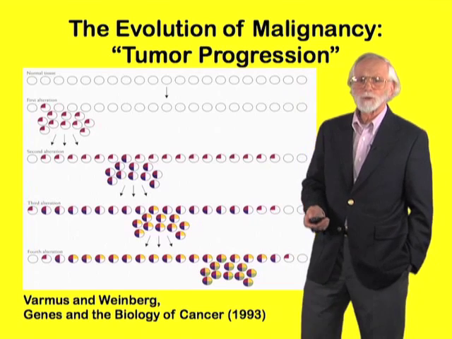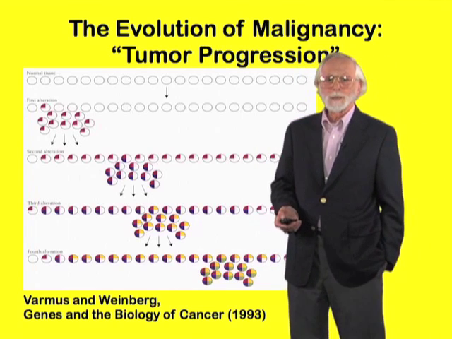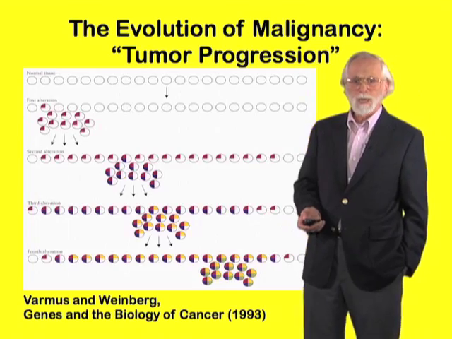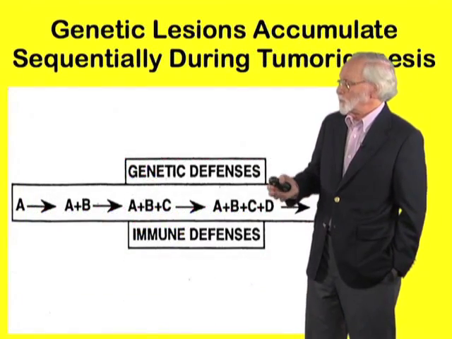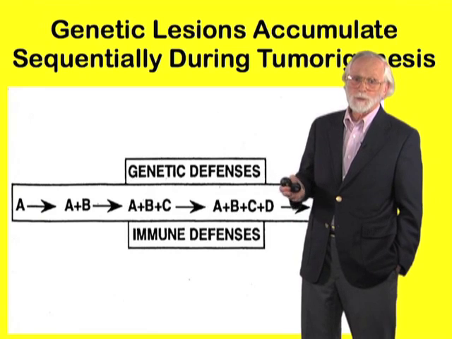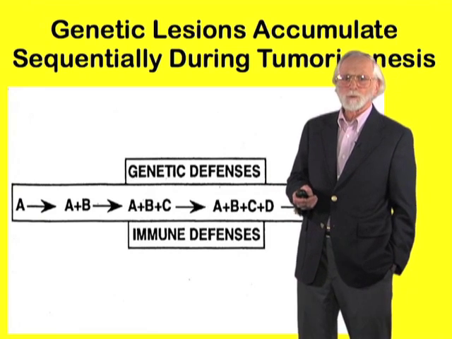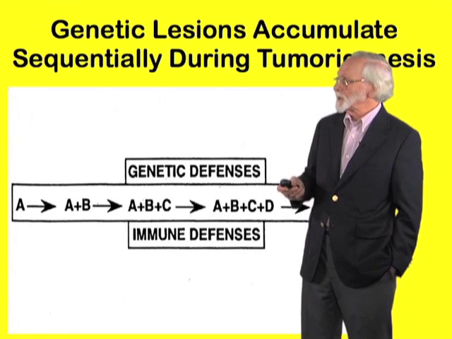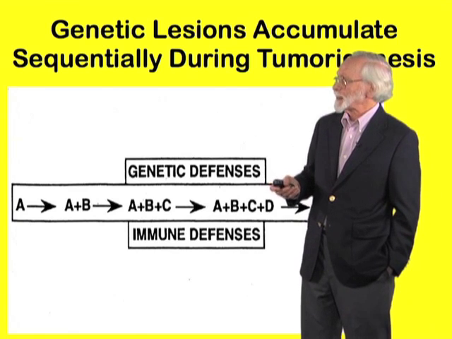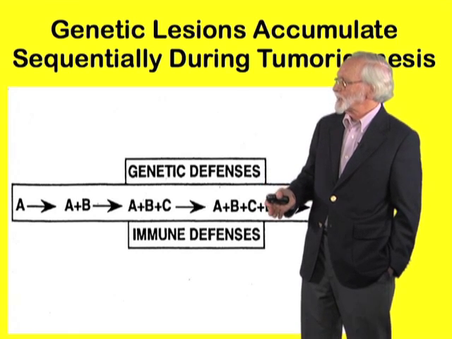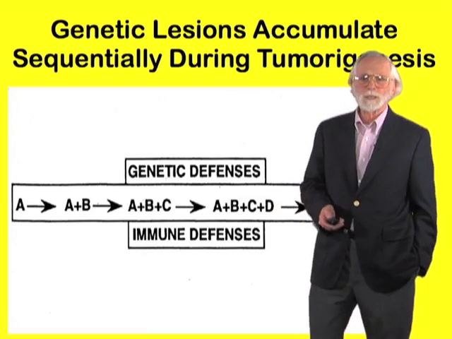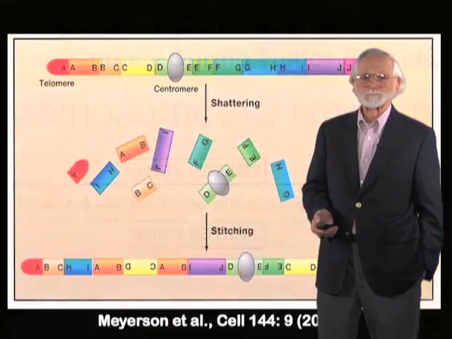We call this tumor progression. And at the genetic level, the molecular level, we believe, and in fact we have been able to show, that what is happening over the course of time is the accrual of independent genetic events, so that by the end there is a combination of these events that give rise to the malignant cell.